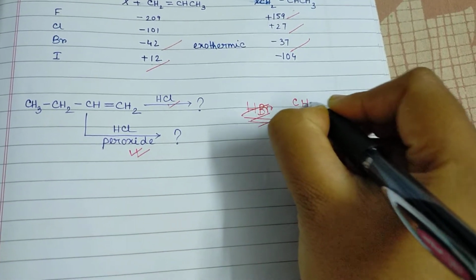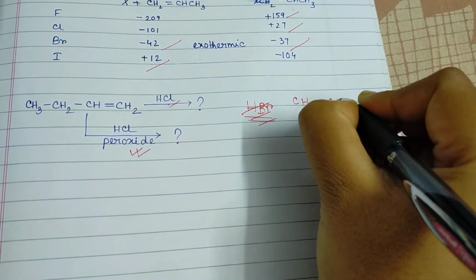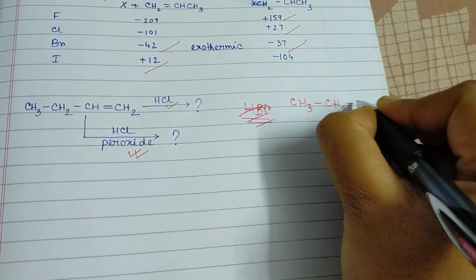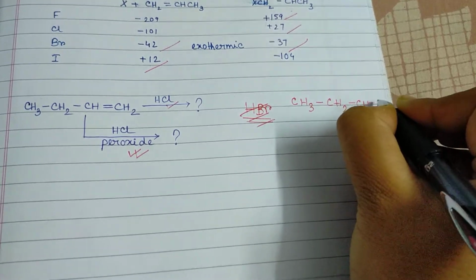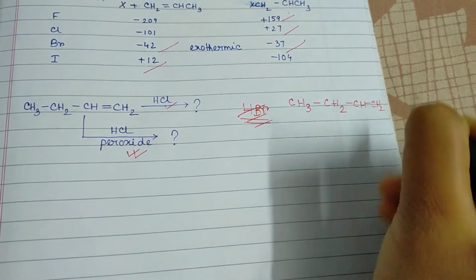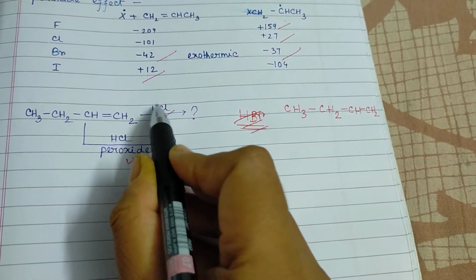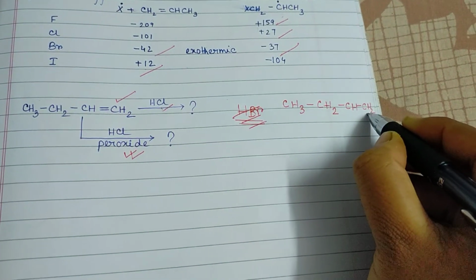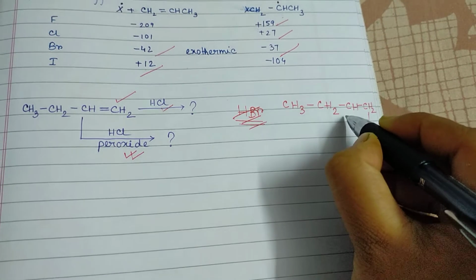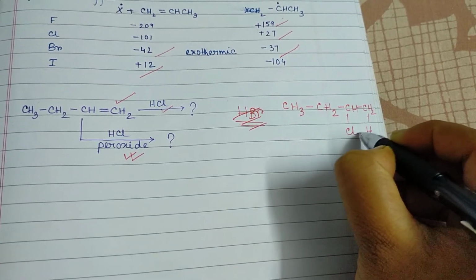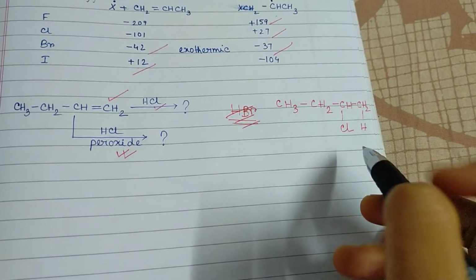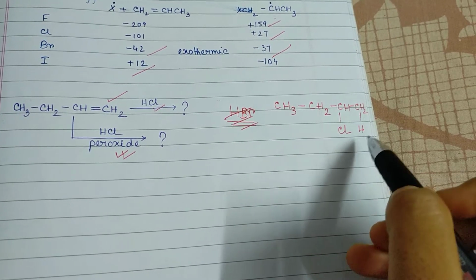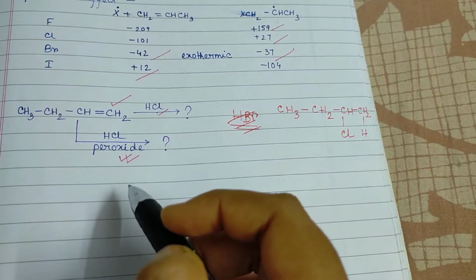Because HCl does not show the peroxide effect. So according to Markovnikov's rule, the hydrogen of this HCl will add to this carbon. So hydrogen will come here and the chlorine will add to this carbon. So the product will be 2-chlorobutane for both cases.